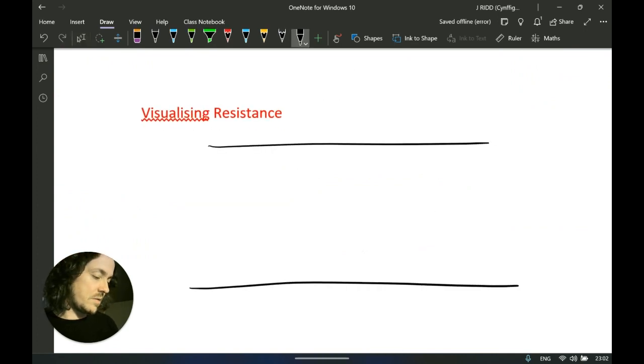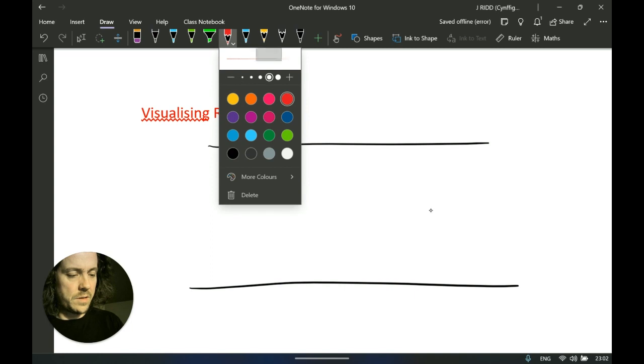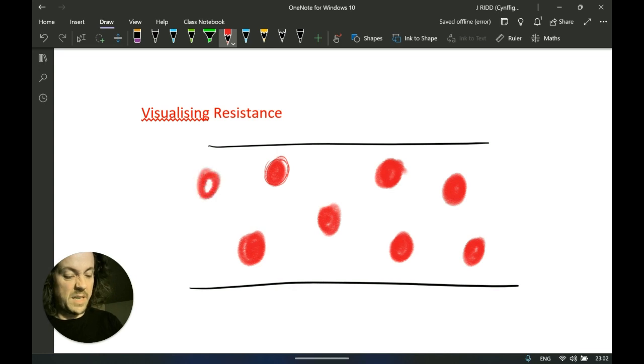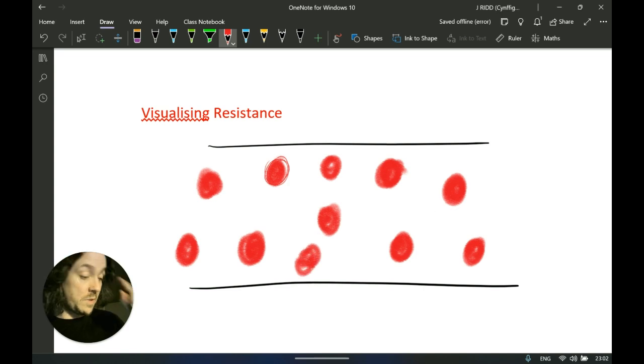And as with the previous topic, conduction of electricity, we imagine our material to contain lots of these ions. So this could be, let's just say iron, right? Keep on picking on copper. And then within this material, we've got all these little electrons dotted about.